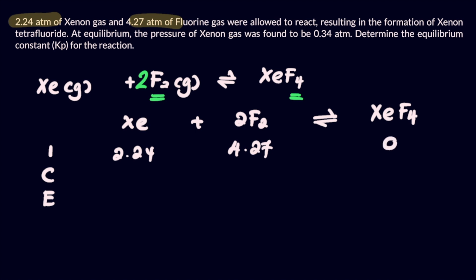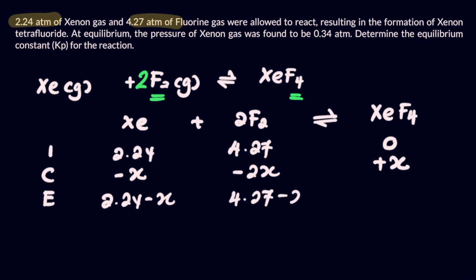We assume that there is no xenon tetrafluoride produced at the beginning of the reaction. So here we need to minus x, minus 2x, plus x. Therefore we will get 2.24 minus x, 4.27 minus 2x, and here is x.